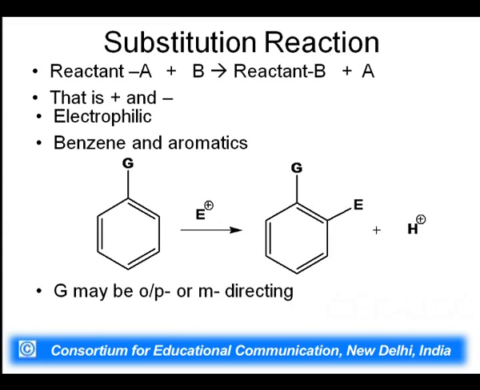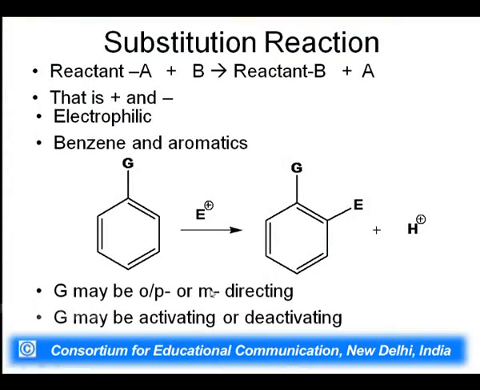As mentioned earlier, G may be ortho-para directing or meta directing depending on plus R effect, minus R effect, plus I effect, minus I effect. In case of halogens, the plus R effect gives them ortho-para direction, but the minus I effect makes them a deactivating group. So they are ortho-para directing but deactivating.